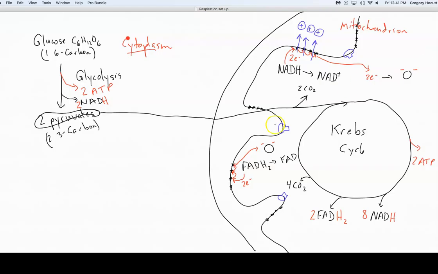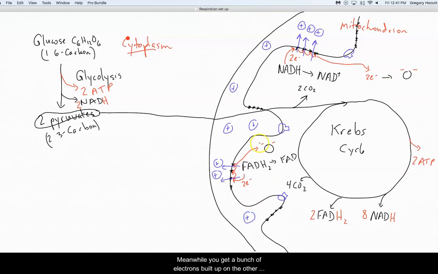And then while that electron energy is being pumped through these enzymes, it's being used to get more protons across the membrane boundary into this inner space between the 2 membranes. So what you end up with is a bunch of protons building up on one side of this membrane.